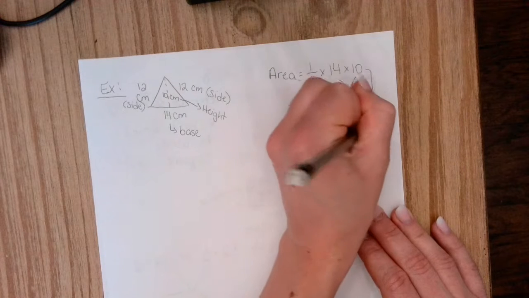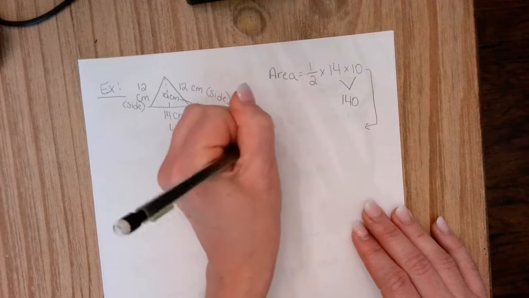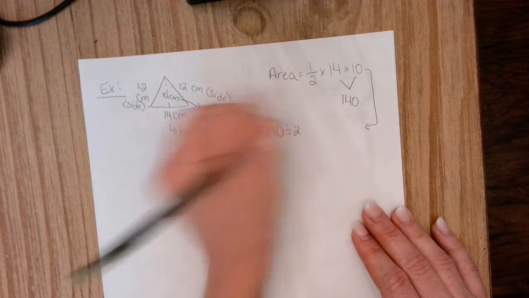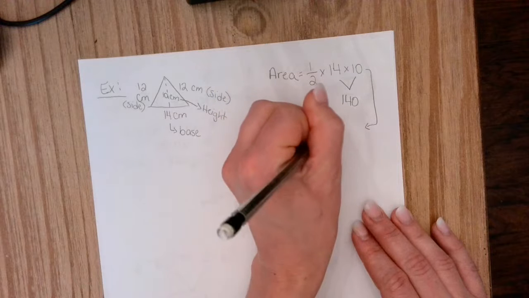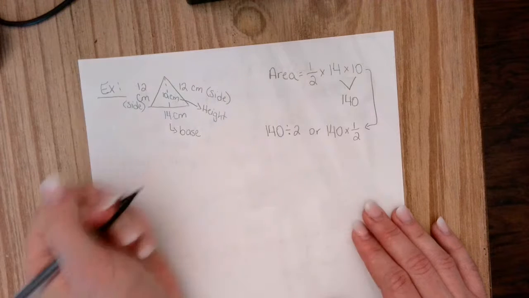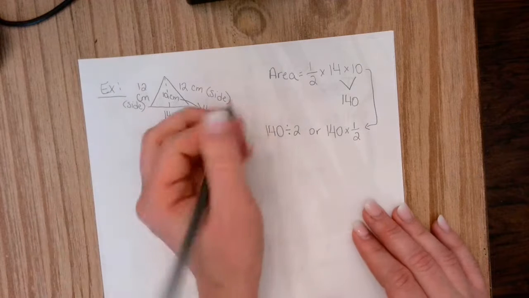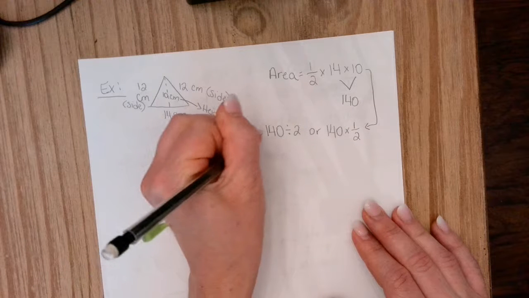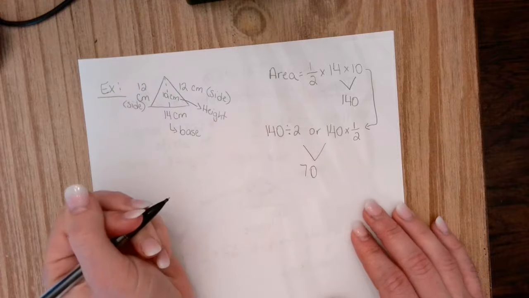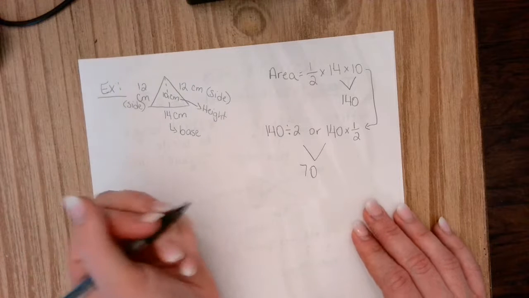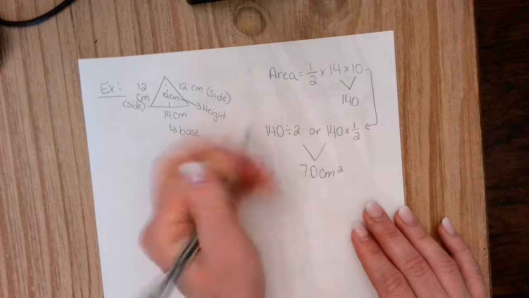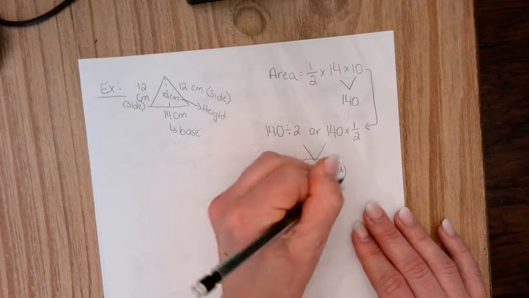And then remember, the next step I can look at is I can either think of it as 140 divided by 2, or I can think of it as 140 times 1/2. And once I do that, then my answer is going to be 70. And then, of course, my label would be centimeters square because it's asking me for area.